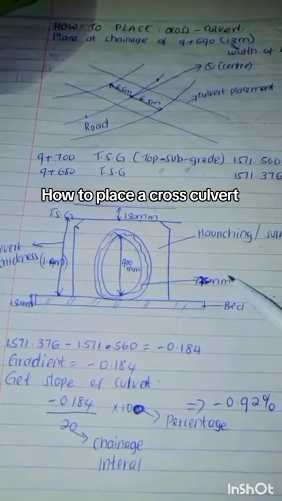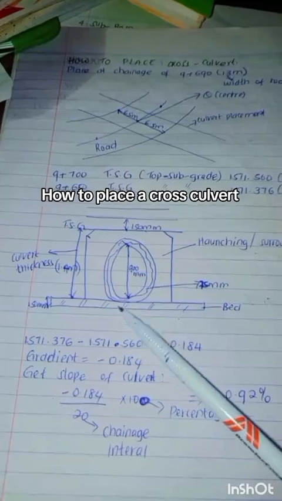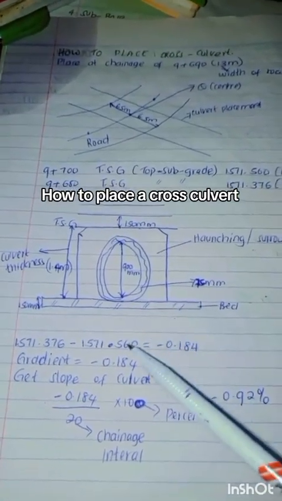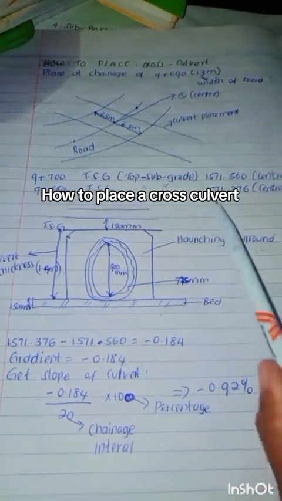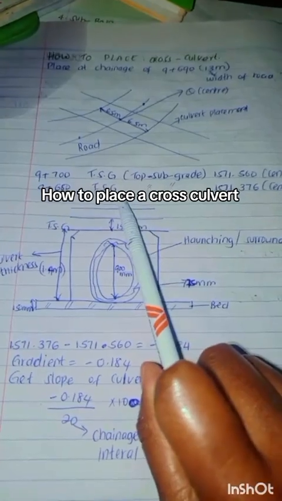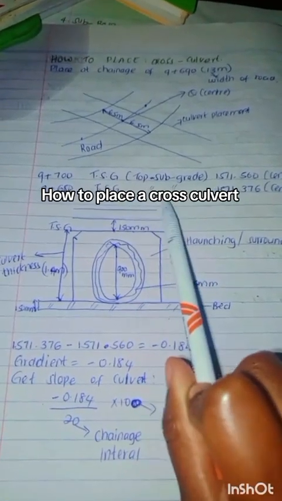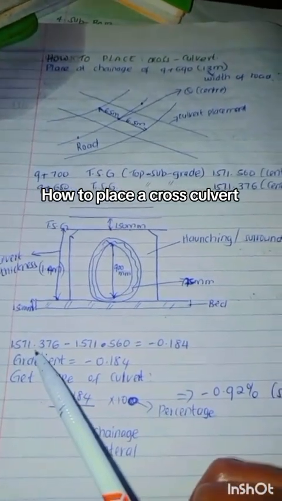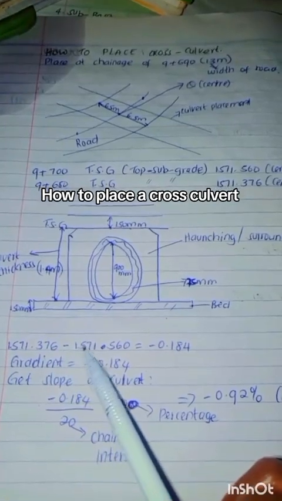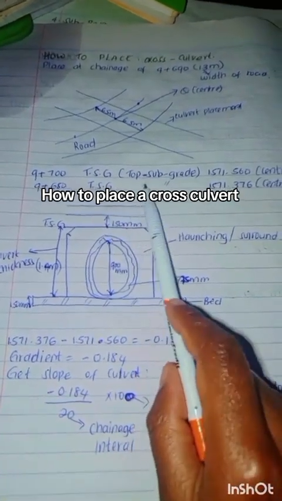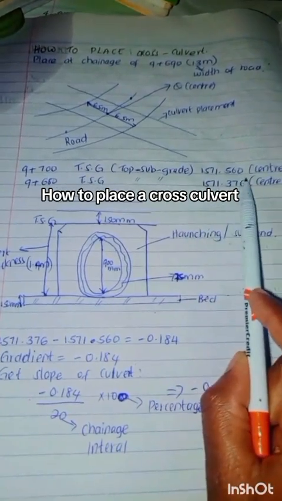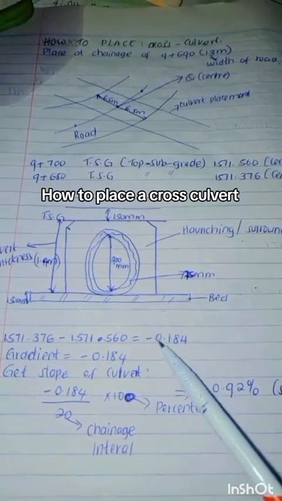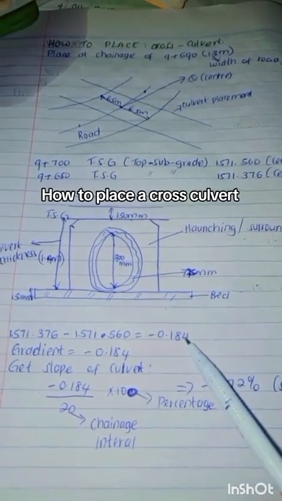It's 75 millimeters. To get the gradient first, we need to calculate. We use the chainage 9 plus 680, the chainage before 690, that is the center value 1571.376, minus the chainage above 690, the center design 1571.560, and you get negative 0.184.